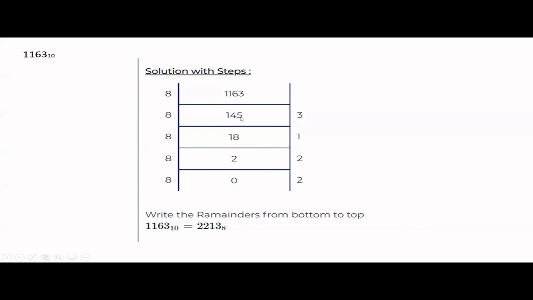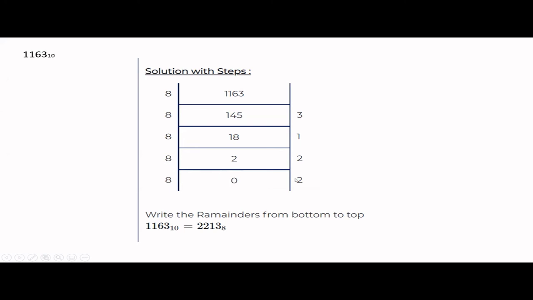Again, you have to divide this number by 8. So for 14, it's 1 8, right? So you have 65. So 65, you have to divide by 8. 8 into 8 is 64. So that is why you have 8 here and 1 left. For 18, how many 8s? 2. 2 into 8 is actually 16, and you have a 2 as the remainder. 2 you cannot divide by 8.